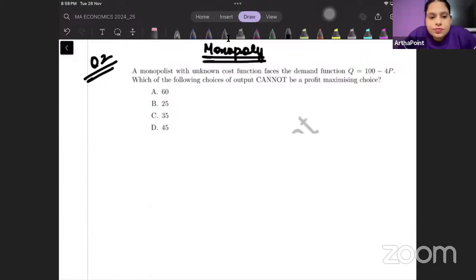Try this one. Don't take more than 1 or 2 minutes. This is a very easy question.